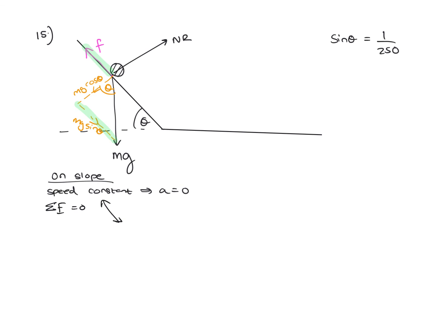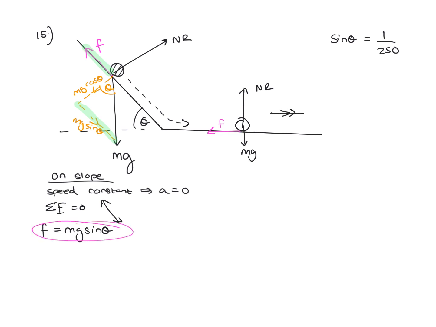So looking at the forces parallel to the slope, F equals mg sine theta. And then we know the resistance is unchanged, so the truck travels down onto flat ground here. So if we look at the forces acting on the truck on flat ground, we've got mg, we've got the normal reaction, and we've still got the friction, which is equal to mg sine theta.